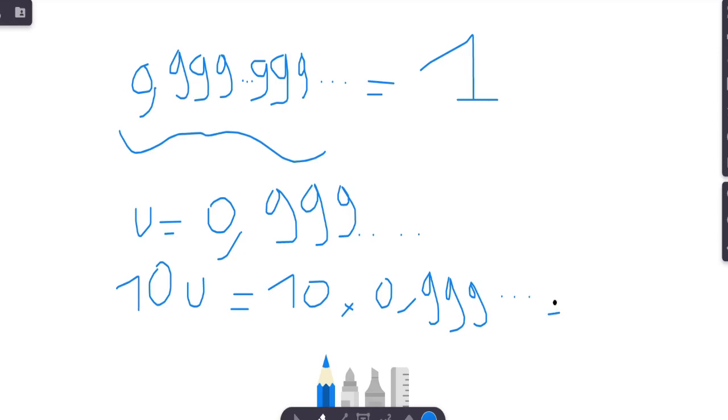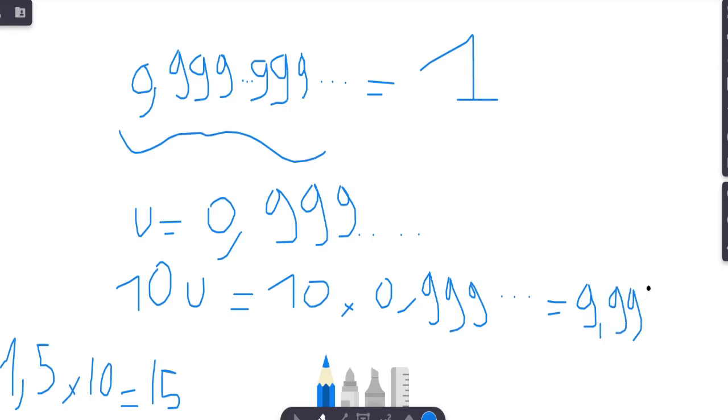But as you already know, when we multiply, for example, 1.5 by 10, we move the point or the comma to the right, so it gives us 15 here. So this is 9.99 with an infinite number of 9.